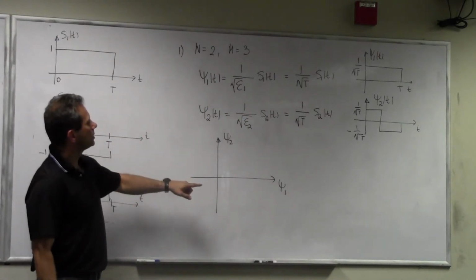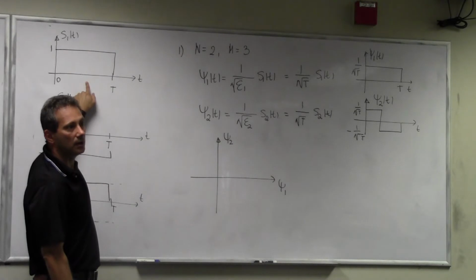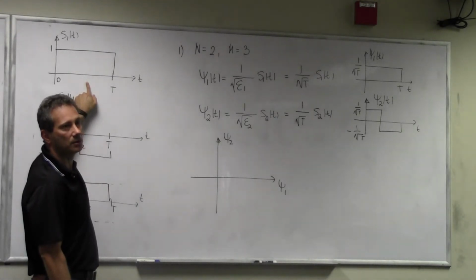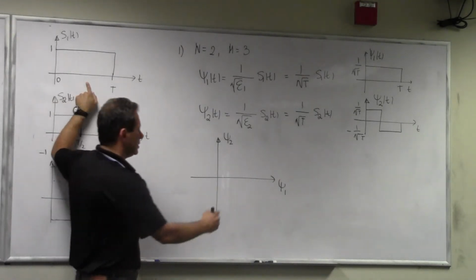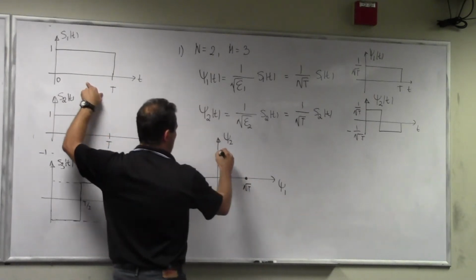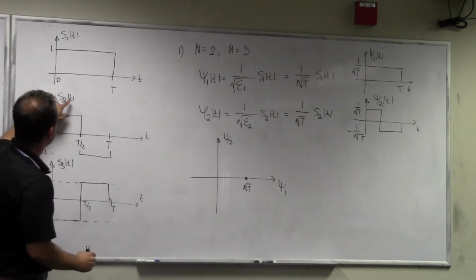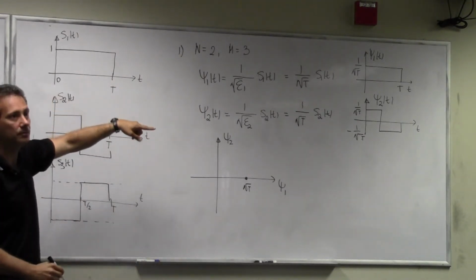So where are the constellation points? S1 I get by multiplying psi 1 by what? Square root of T. So S1 is here, square root of T. S2 is essentially square root of T times psi 2, right?